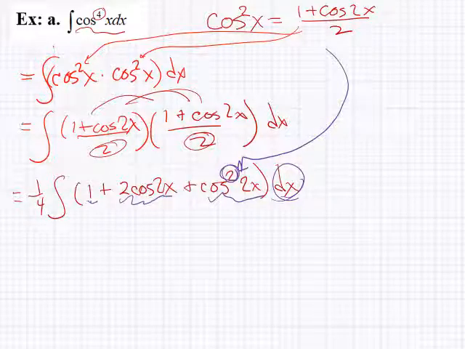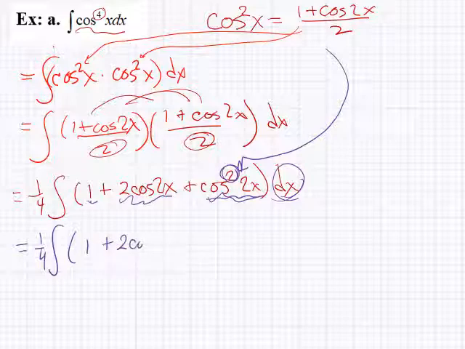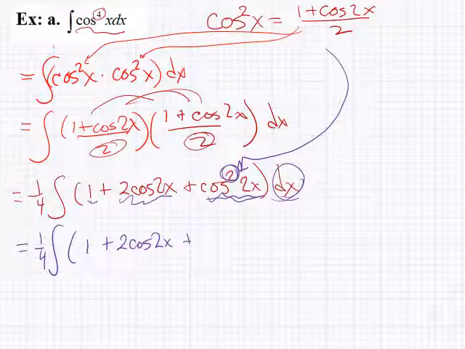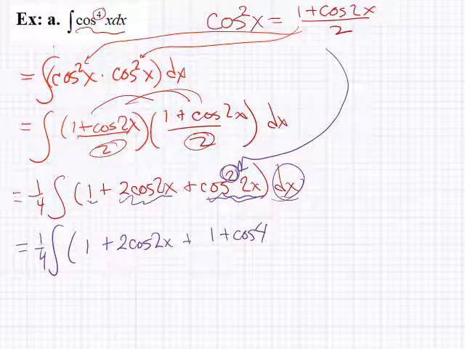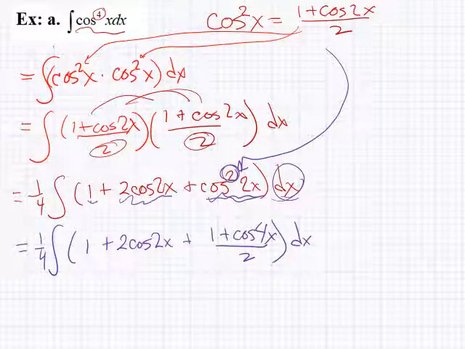So I'm going to rewrite this using the power reducing identity. So I have this 1/4. I have 1 plus 2 cosine 2x plus, now this is going to become (1 plus cosine 4x) over 2 dx.